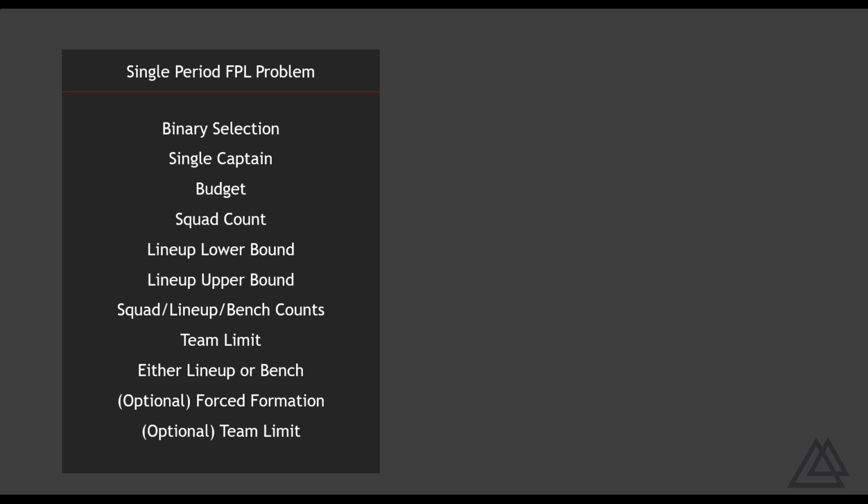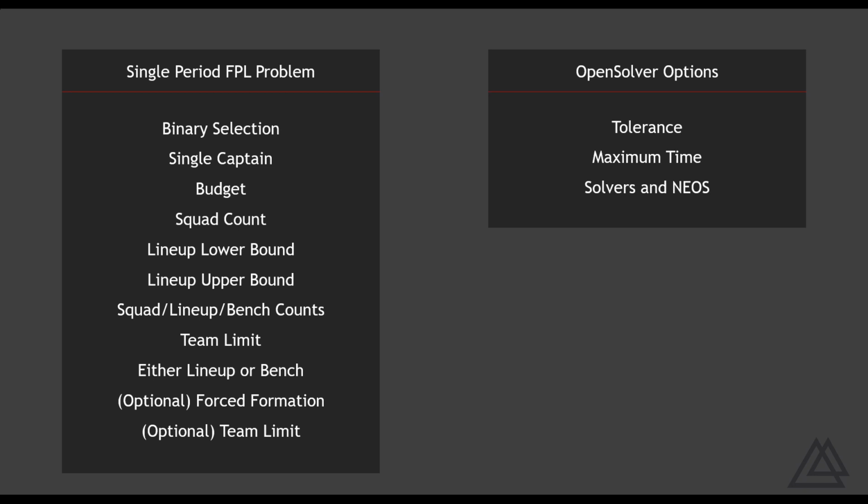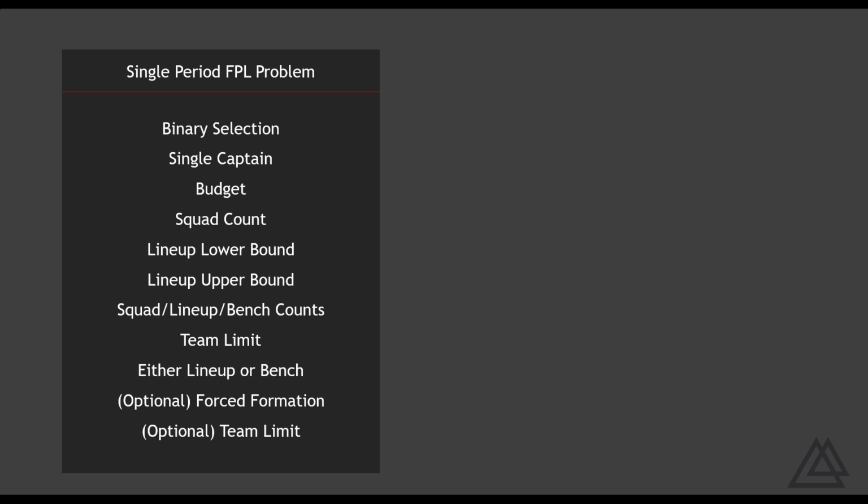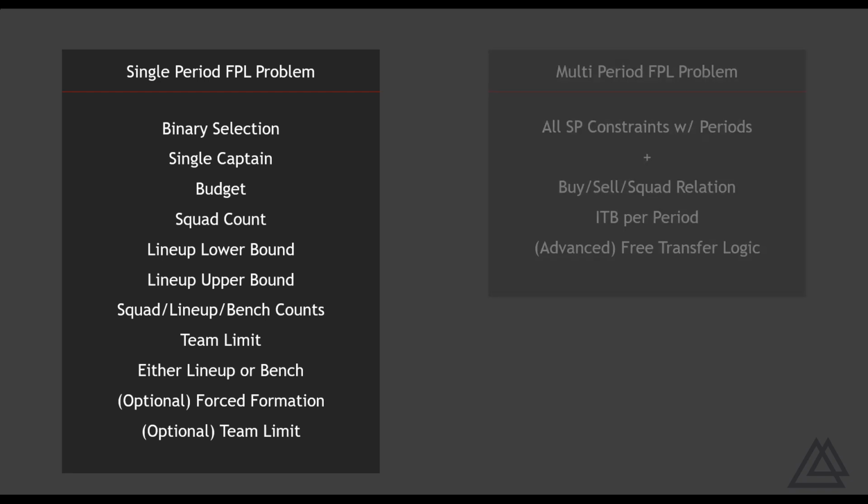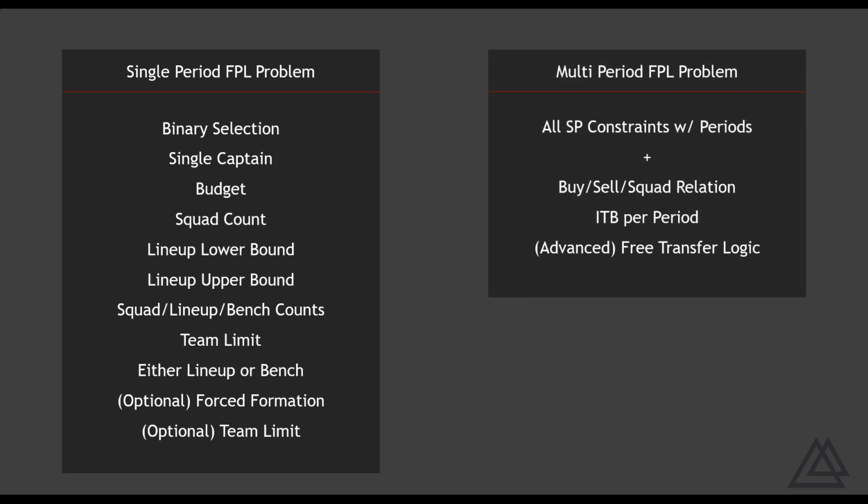We also saw 2 optional constraints about forcing a team formation and also forcing a custom team limit. And we also talked about OpenSolver options, specifically about tolerance, maximum time, and we talked about solver engines and network enabled optimization system.